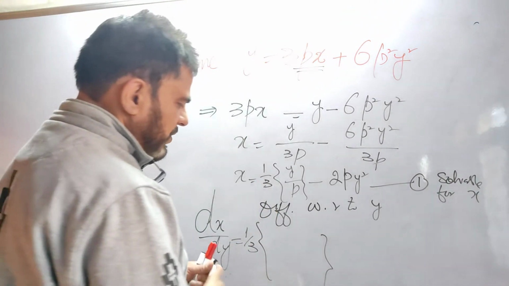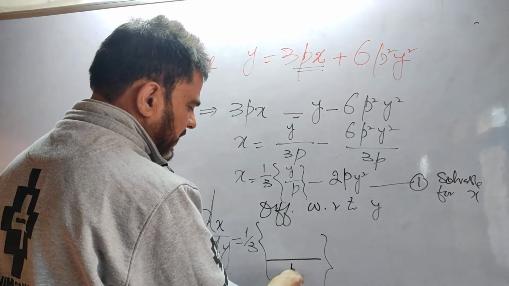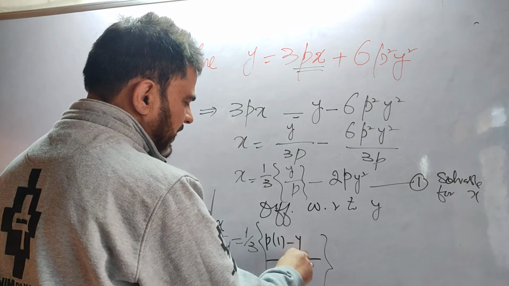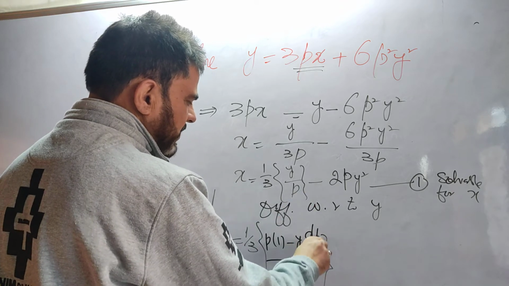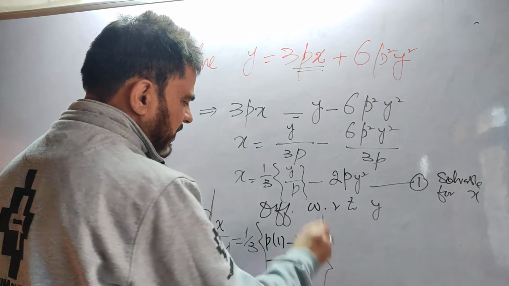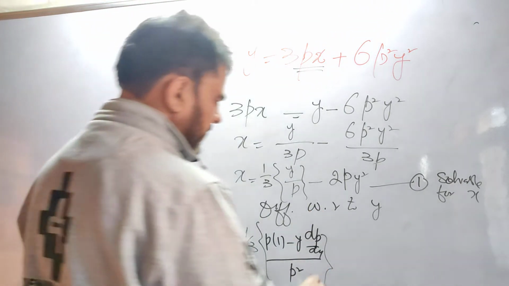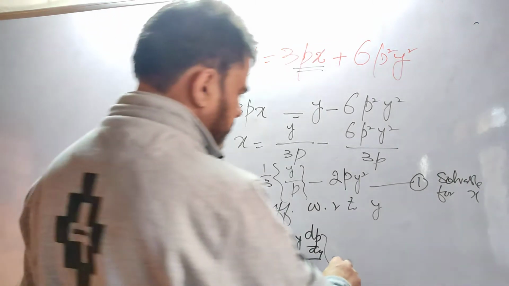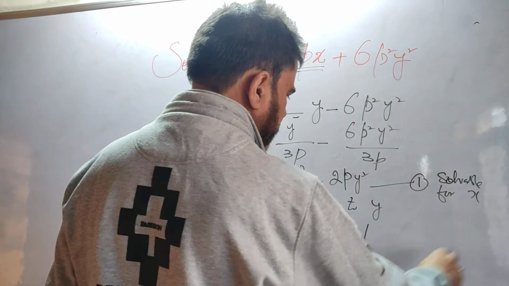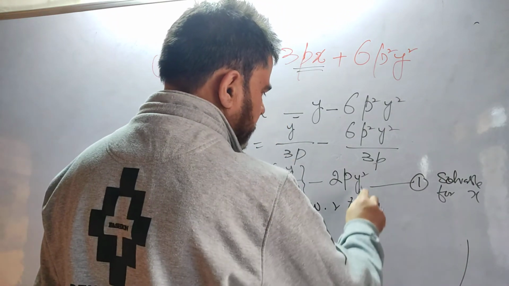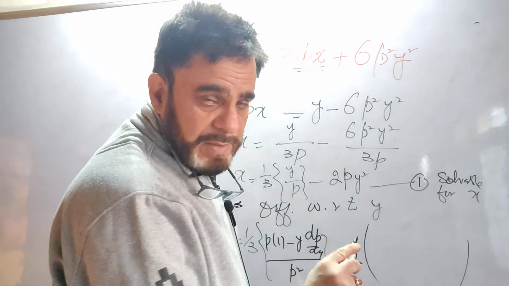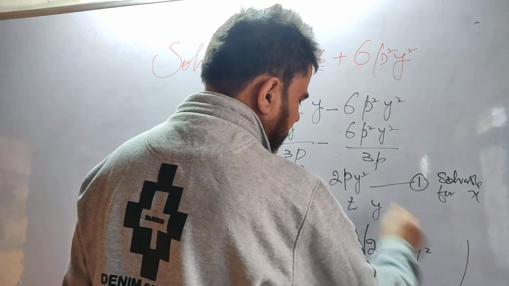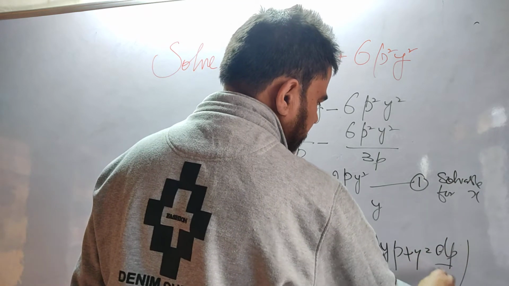It is denominator square, it will be p square, p as it is, derivative of y is 1, minus y as it is, derivative of p is dp by dy, because we are differentiating with respect to y. p is a function of y also. Minus 2. Here you can go by the product rule. It is y square, derivative of y square will be 2y with respect to y, p as it is, then plus y square as it is, derivative of p is dp by dy.